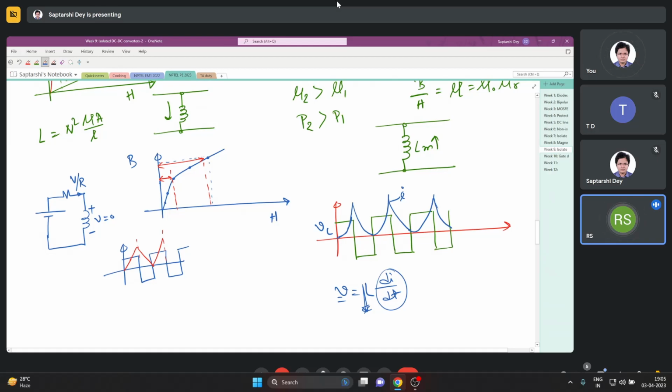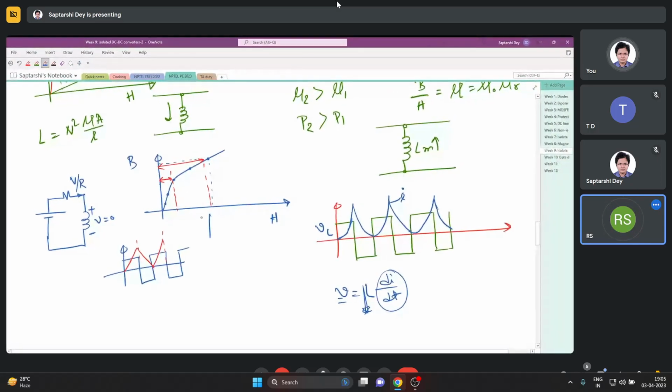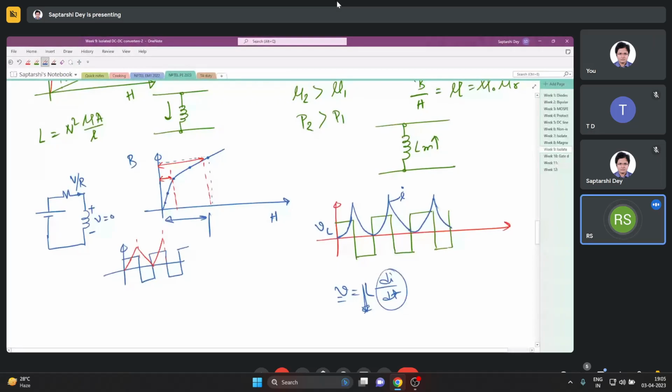Then H is varying. So at that time, the corresponding flux on the B axis will vary between those two red lines that intersect the vertical axis. This much it will vary. Not up to vertical zero, up to the first red line. No, why the first red line?